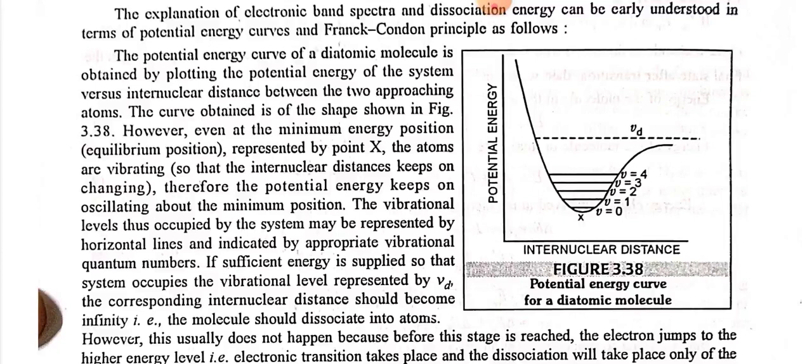However, even at the minimum energy position, the equilibrium position represented by point X, the atoms are vibrating, so that the internuclear distance keeps on changing. Therefore, the potential energy keeps on oscillating about the minimum position. The vibrational levels thus occupied by the system may be represented by a horizontal line and indicated by an appropriate vibrational quantum number.